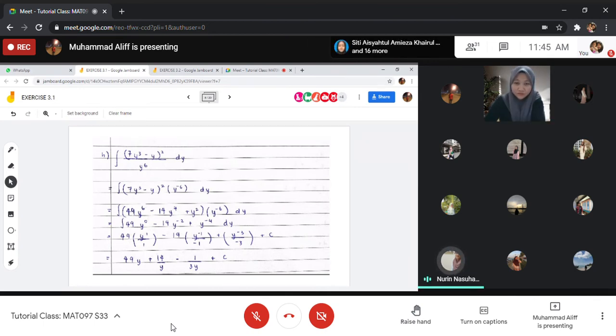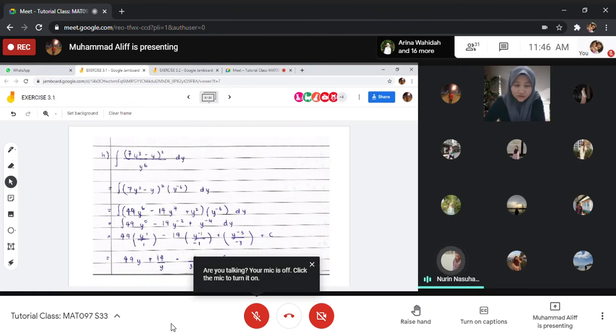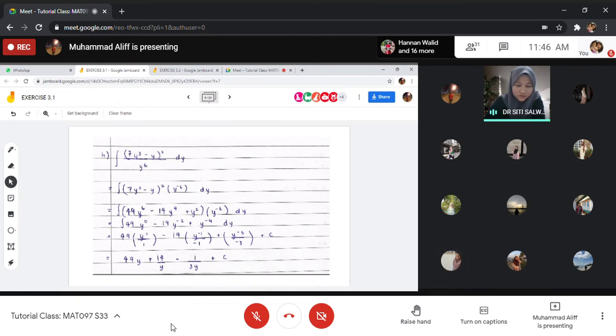Tapi doktor nak tanya, ya. Kalau soalan ni kita boleh selesaikan guna substitution ke? Kita boleh selesaikan soalan ni guna kaedah integral substitution kan, doktor? Guna substitution.